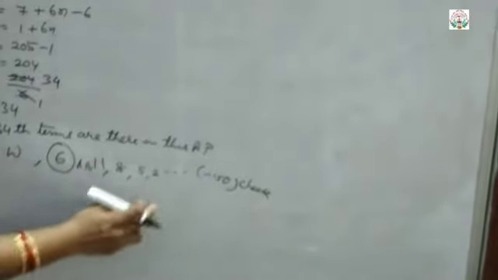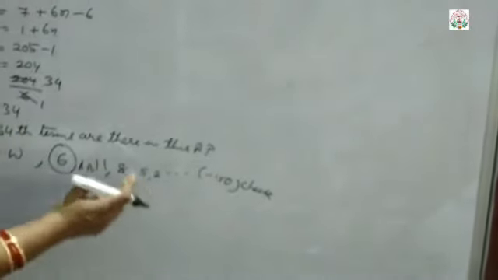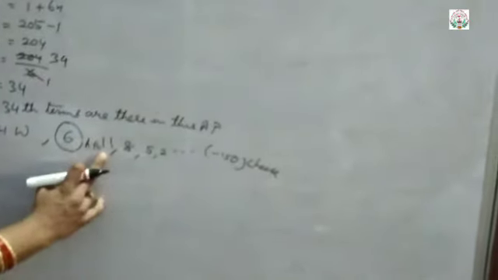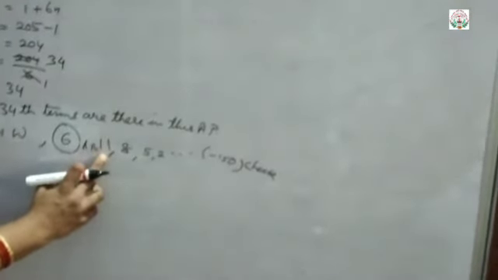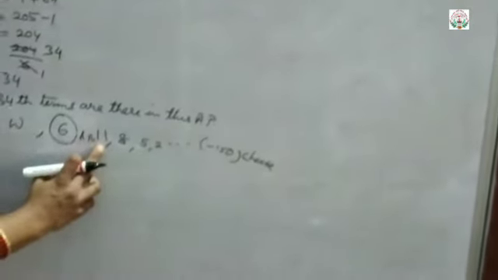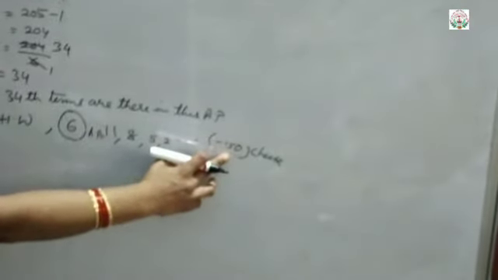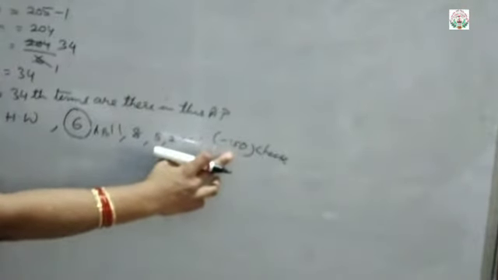So what you will do, you take this as AN. Since this is in descending order, the common difference will be negative. So first term A will be 11, common difference 8 minus 11, D you will get, that is minus 3, and AN is minus 150.